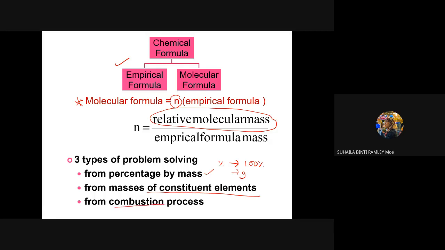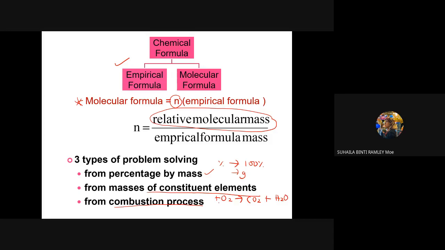And the other one is from the combustion process. Combustion means burning, right? Combustion means using oxygen to produce carbon dioxide and water if we have enough oxygen, or complete combustion.